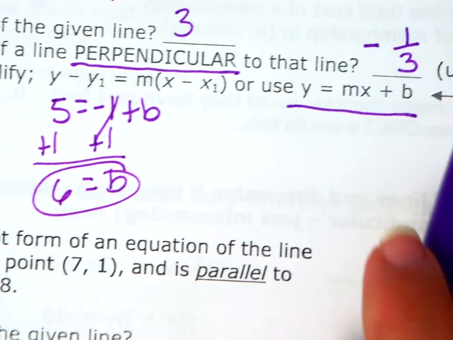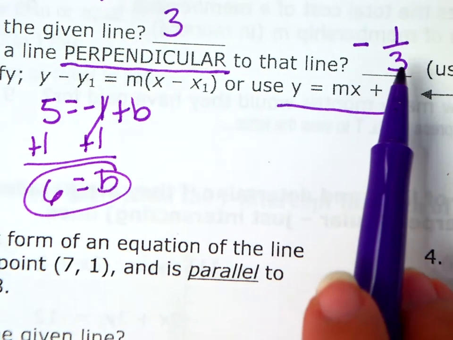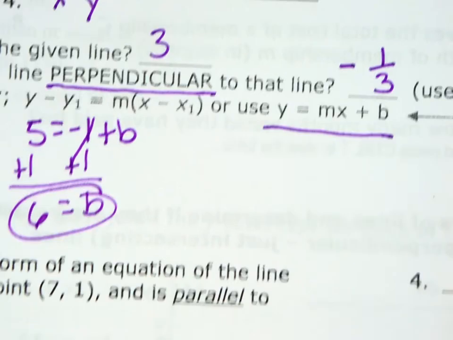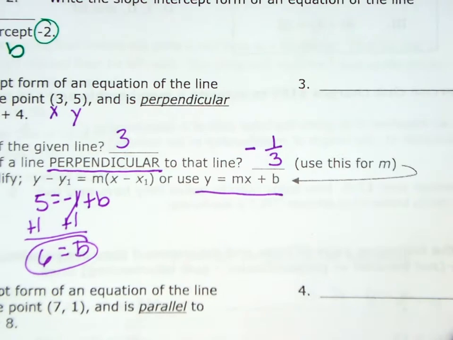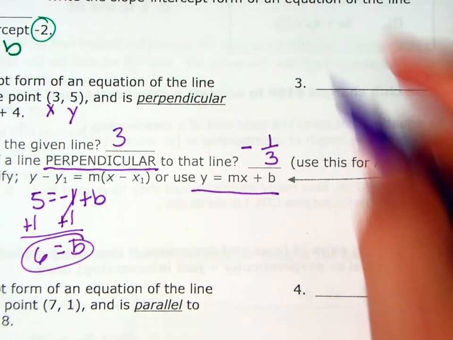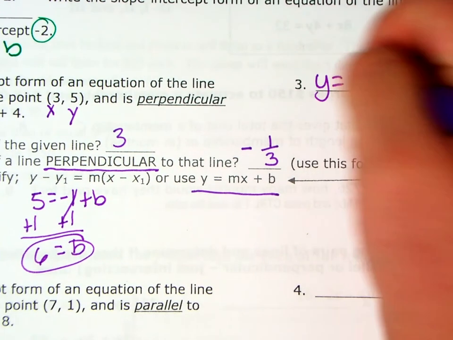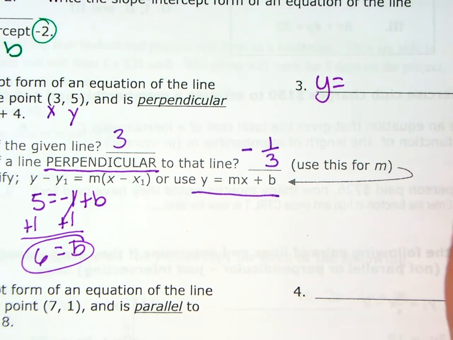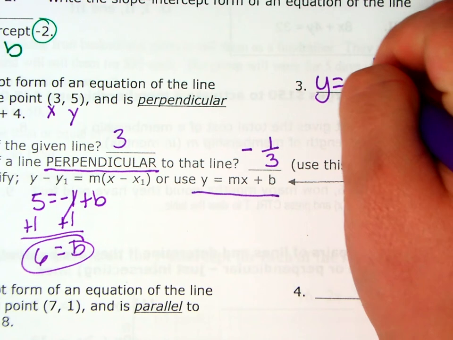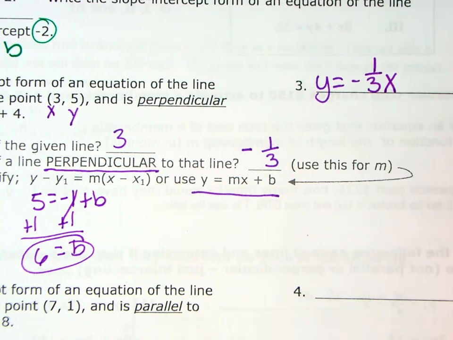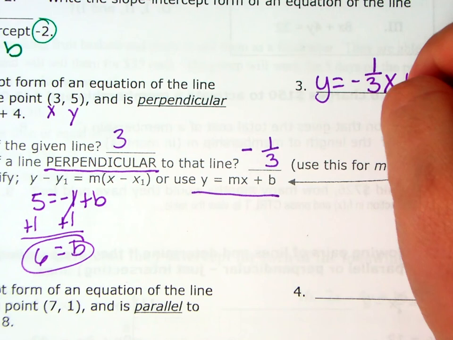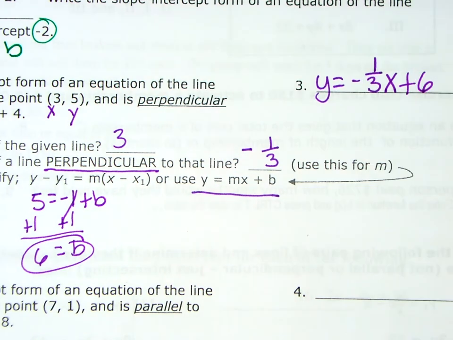You have your slope, which is right there. So go back to the line for problem number 3. Put it all together. Y is equal to, what's my slope? Negative 1 over 3 x plus 6. And you're done.